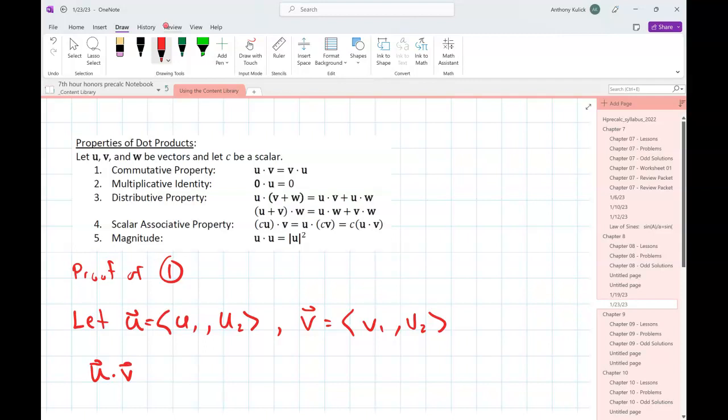And what I want to do is start with u dot v and try to end up with v dot u. So the first thing I'm going to do is just use the definition of a dot product. So that means I'm going to have u1 times v1 and then u2 times v2.